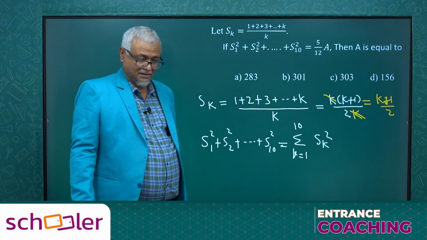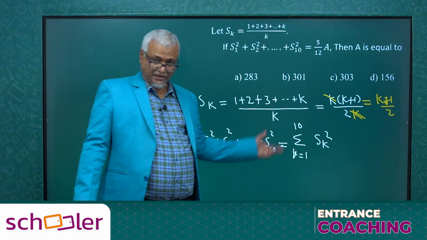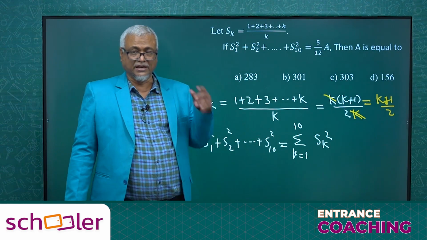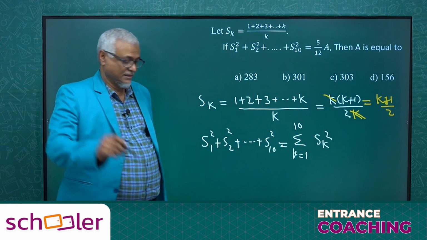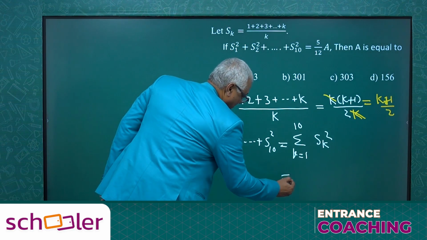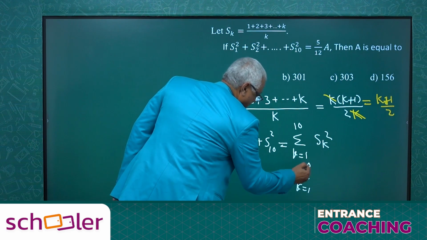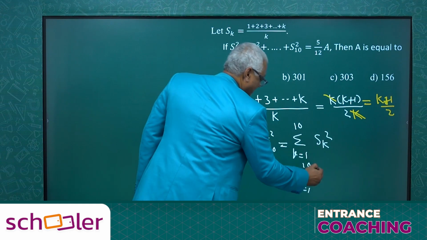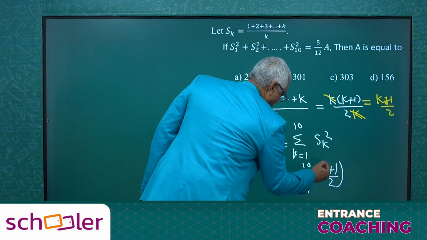Putting k is equal to 1, you will get s1 square. Putting k is equal to 2, you get s2 square. Etc. Putting k is equal to 10, you will get s10 square. This is equal to sigma k equal to 1 to 10. What is Sk we obtained? K plus 1 by 2 whole square.